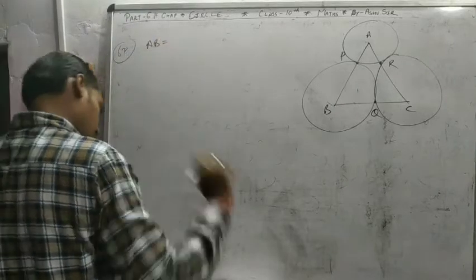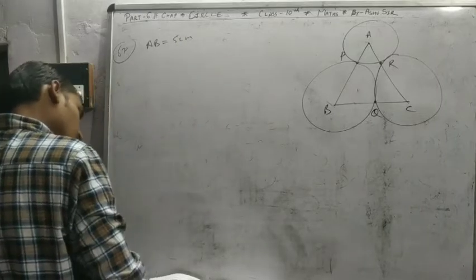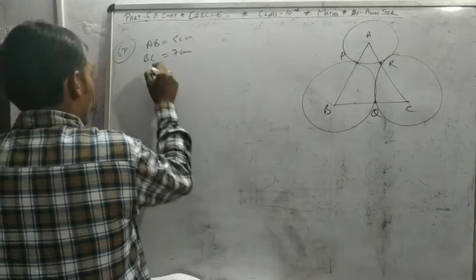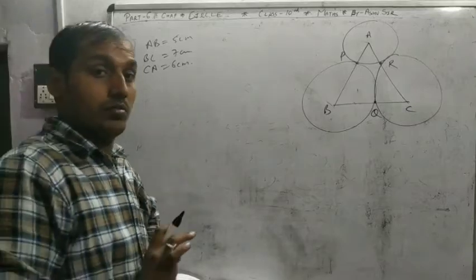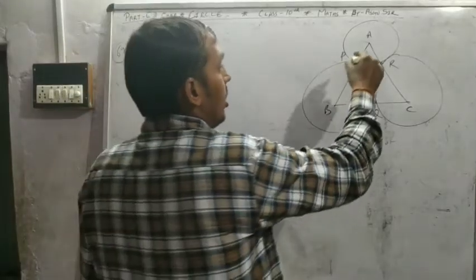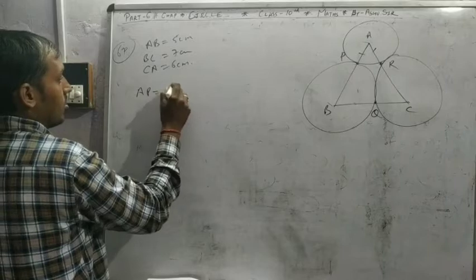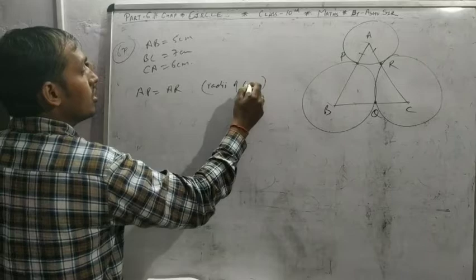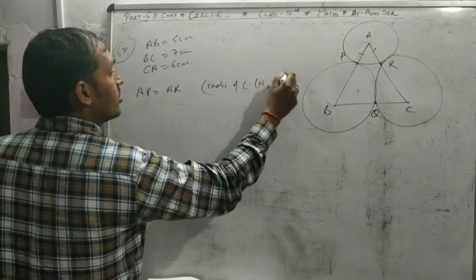AB is equal to 5 centimeter, BC is equal to 7 centimeter, and CA is equal to 6 centimeter. Here it is not a tangent, but I use the same type of logic. AP is equal to AR, radii of circle center A, radius R1.